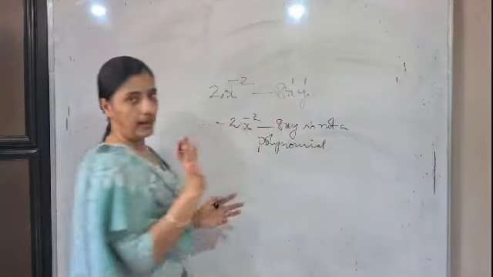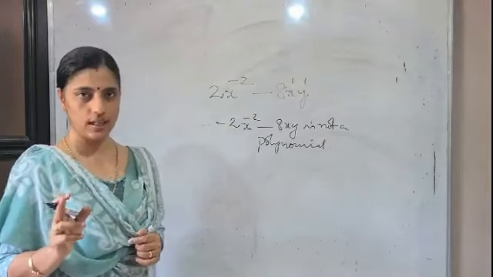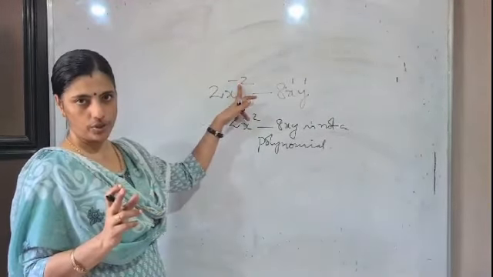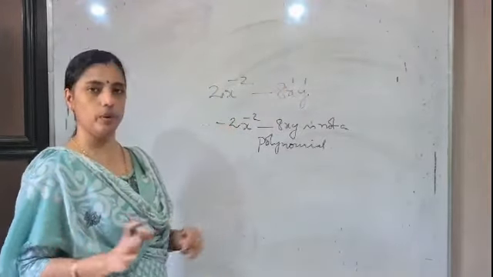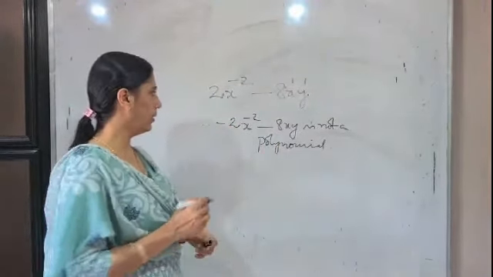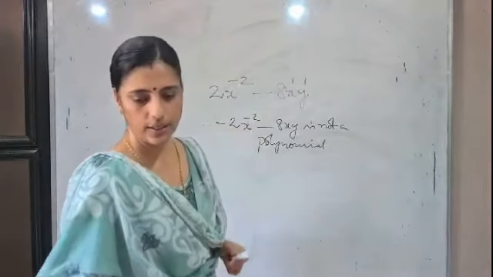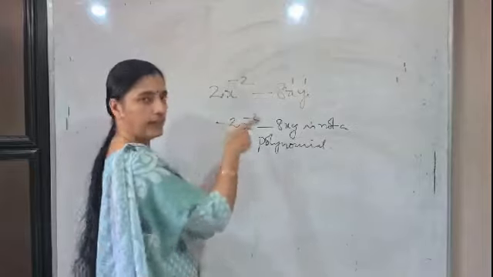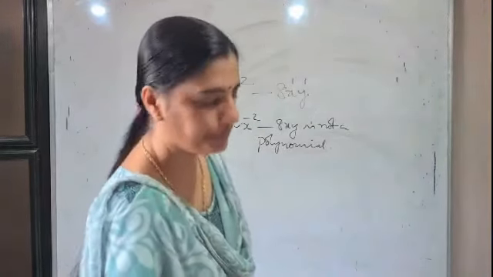This is an algebraic expression. But to be a polynomial, all the powers should be positive. Here the power is not positive. Each term's power should be positive. So this is not a polynomial. You know the reason. We didn't write the reason; after that note we wrote this example. So it is clear.